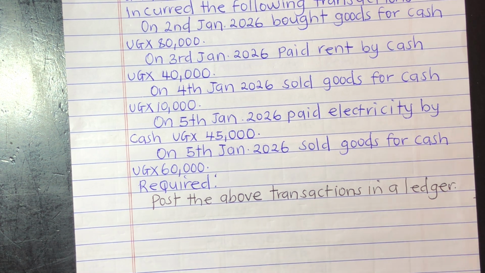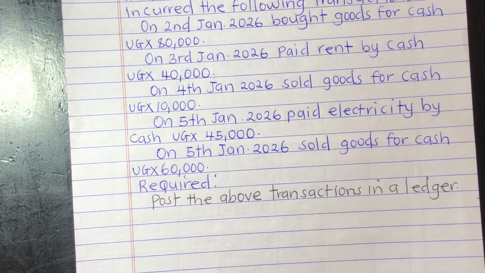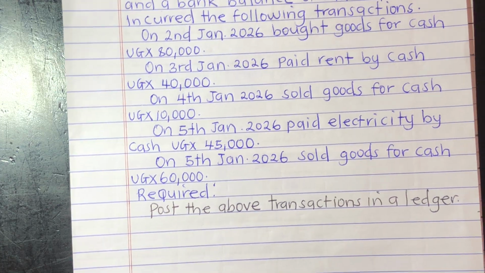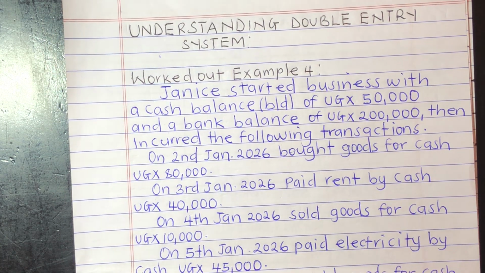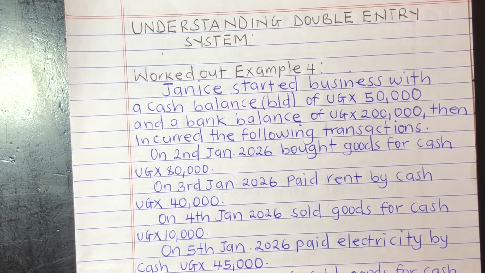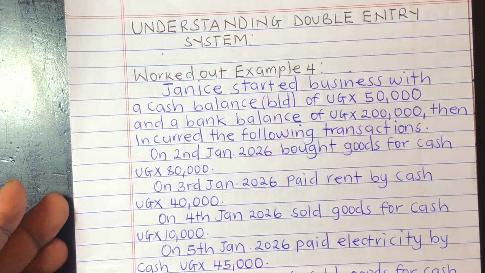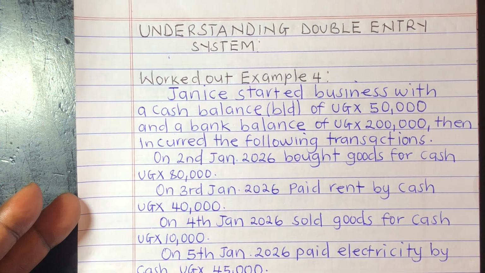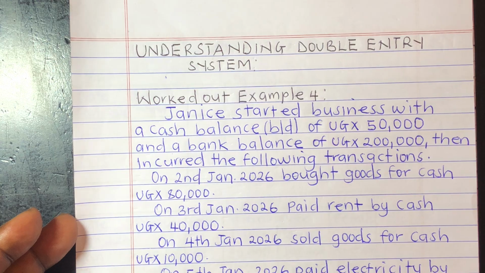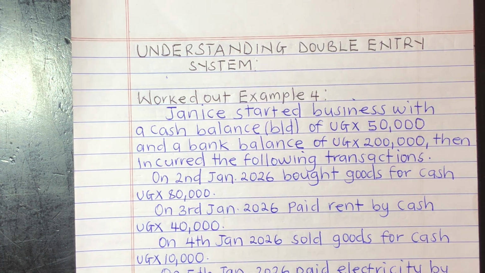So we are going to be posting this. We are going to be using the double entry system to post these transactions. So this is how we post it. Remember, in the double entry system, a transaction is recorded twice. One is recorded on the credit side, and it is the account that is losing out money or giving out the money, and then one is recorded on the other side, which is the debit side, and the debit side is the receiver side.